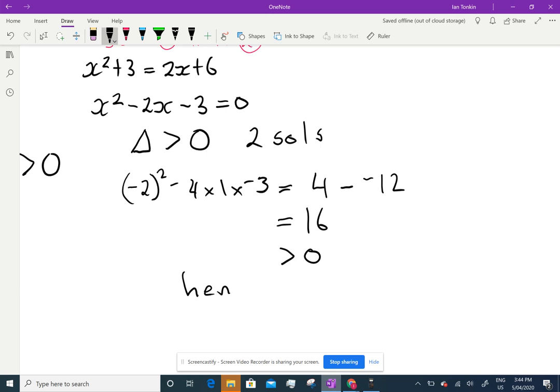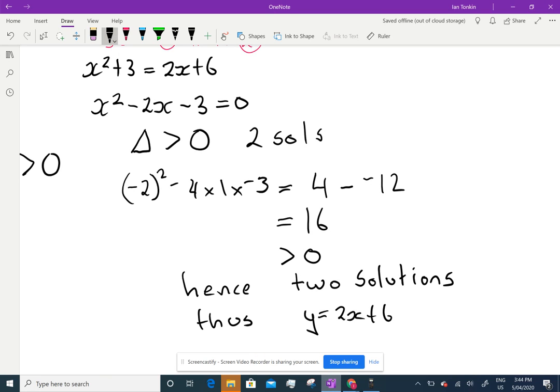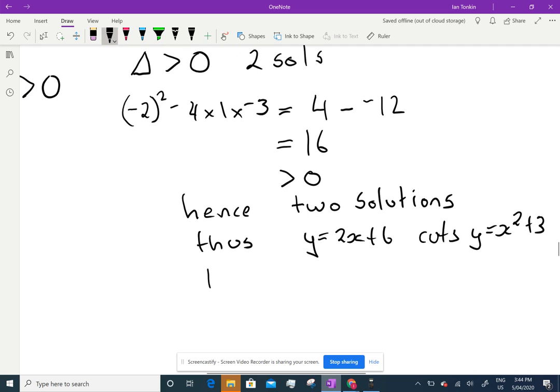Hence, 2 solutions. Thus, y equals 2x plus 6 cuts y equals x squared plus 3 twice. So you don't have to find them.